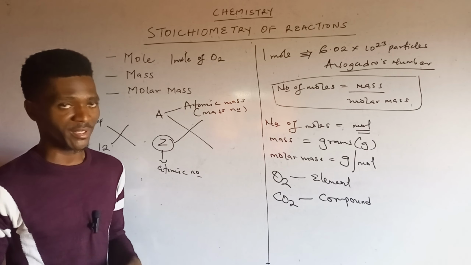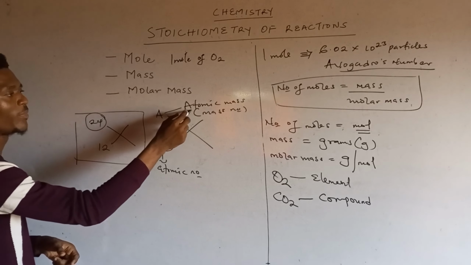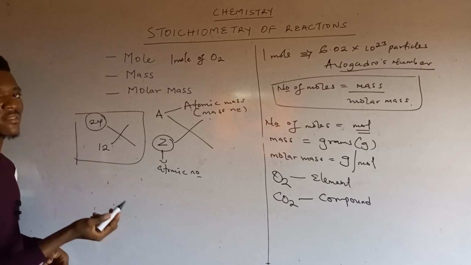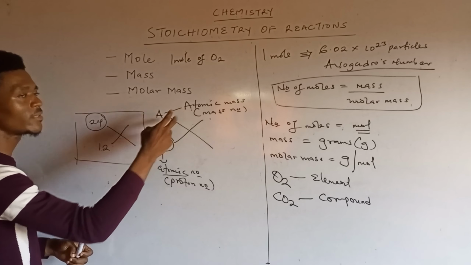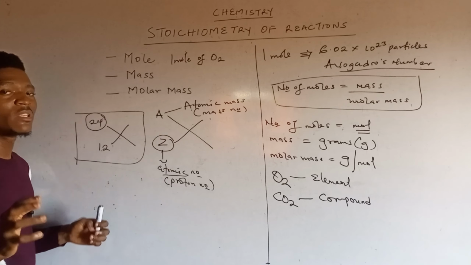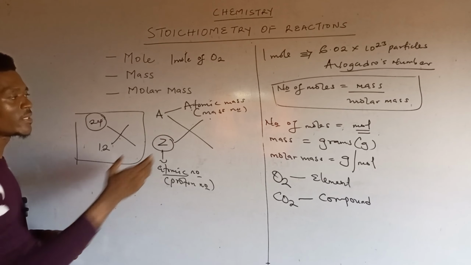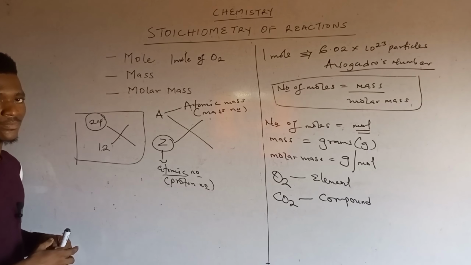Now, looking at this atom X, the interpretation of some students would be that this 24 is actually the atomic mass or the mass number of atom X, while the 12 is the atomic number, or you can still refer to this as proton number of atom X. Now, for the atomic mass, pay attention to this. Atomic mass is not really mass number. The only similarity about atomic mass and mass number is that they are both having the same numerical value.